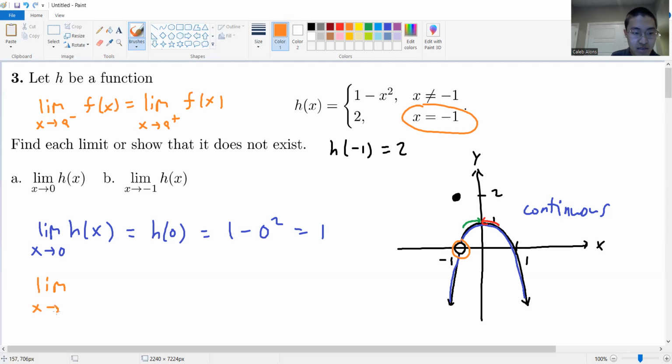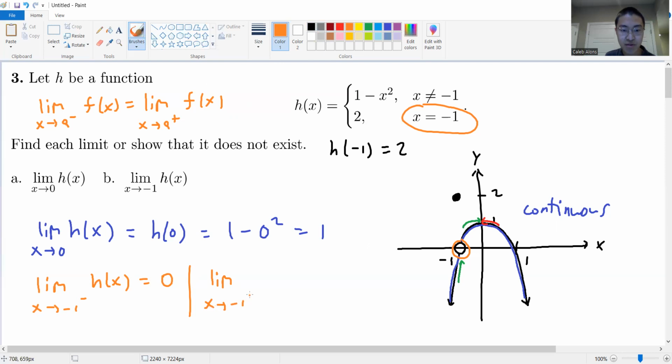So x approaches -1. We're going to approach it from the left. That's what the little minus sign means, of h of x. And when we do that, we see that from the left we're coming up the function here, and we're approaching the y value of 0. So we are not going to equal 0, but we are approaching the y value of 0. And then, what happens if we approach from the other side?